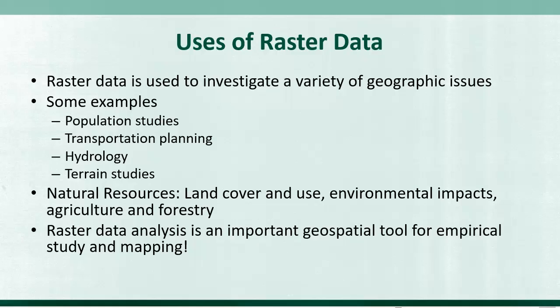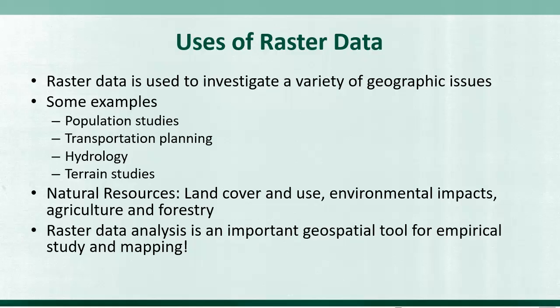If you use an app that tells you if there is an area you're hiking or skiing or snow machining in that is avalanche prone, that avalanche prone data is usually derived from raster data. One of the really big uses of raster data is in natural resources, where satellite imagery can be used to try to understand land cover, or what sort of vegetation there is in an area, or how it's being used by humans for urban development or agriculture or whatever.